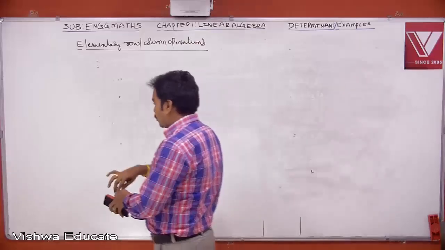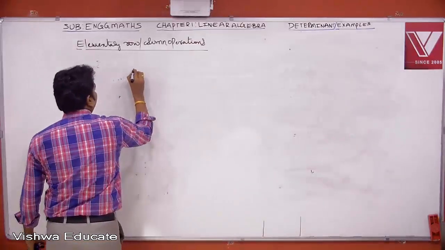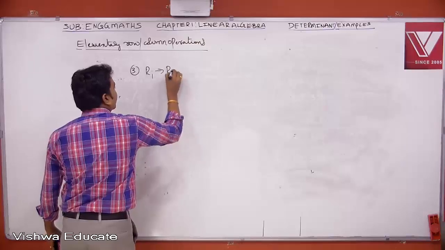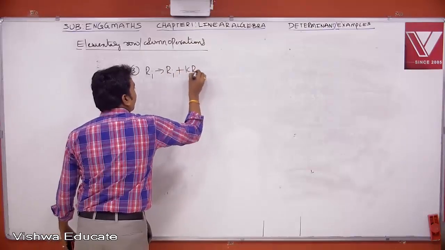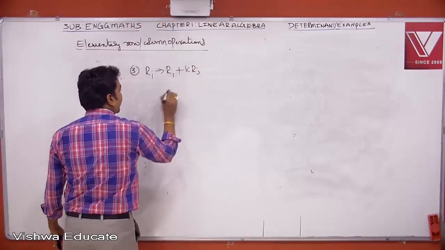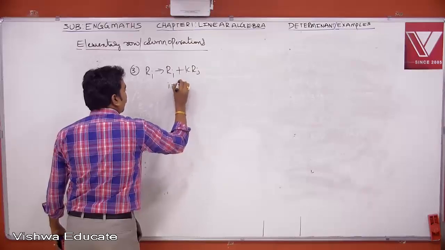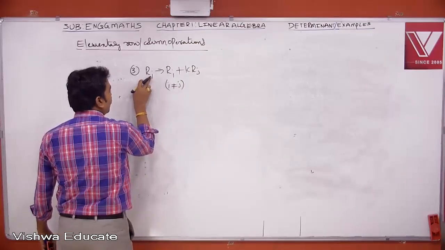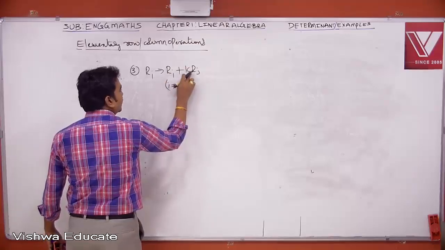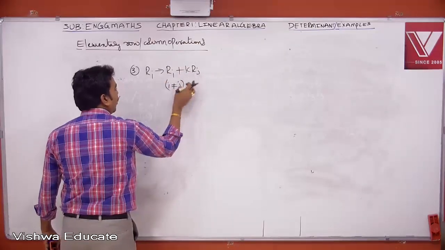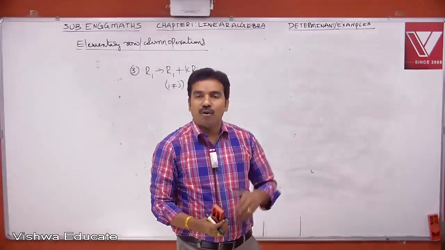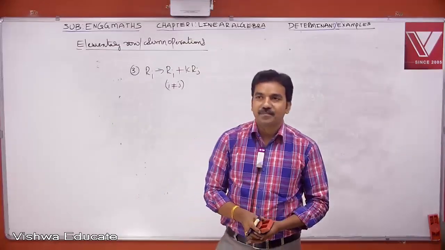Now we discuss the third category operation, that is Ri implies Ri plus K Rj. Here K is any constant but i not equal to j. So here the ith row is getting modified. Ith row equal to ith row plus some constant into another row. Now let us see what are the changes in the value of the det before applying this and after applying this.